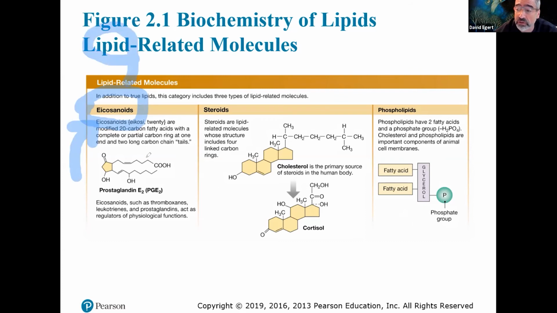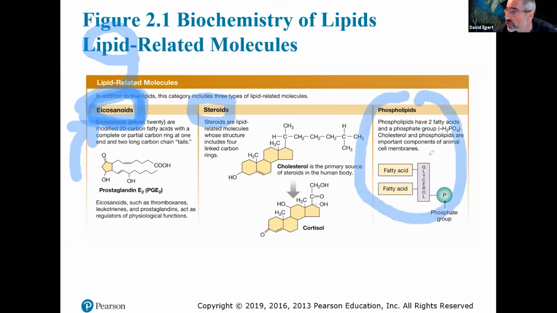There are going to be important signaling molecules in the body that are eicosanoids. Just the same way the word steroids are also lipids, eicosanoids are another class of molecules that are lipids. Beyond knowing that they're lipids, you don't need to know anything else. If you see that word, just recognize, oh, I'm looking at a lipid.